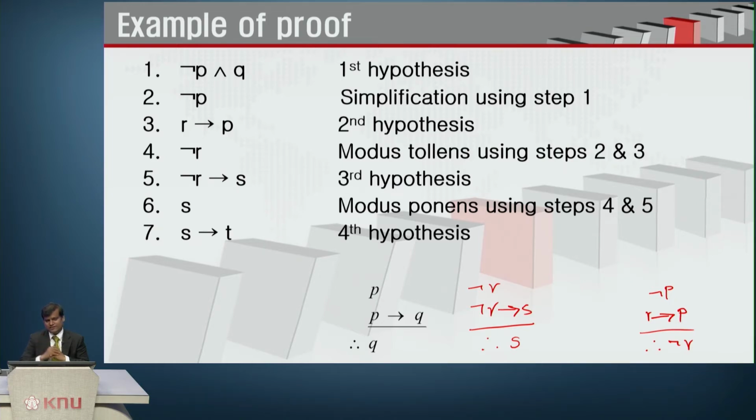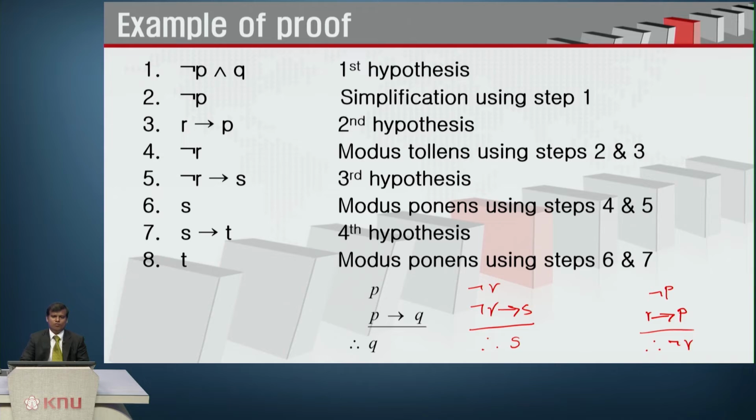Yes, given yes, S implies T, therefore it's T. That's right, we are using modus ponens for step 6 and step 7. Same idea. So given a hypothesis, given conditions, you can simplify things and use modus tollens, modus ponens, as well as other related rules that we have learned to make a certain conclusion.